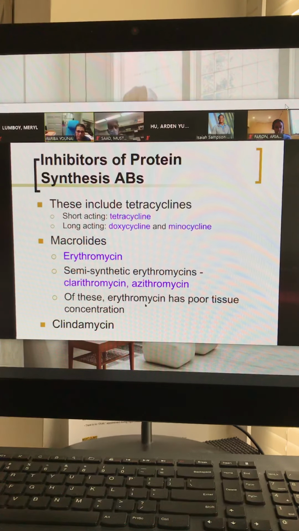So erythromycin is really not a very good medication to use, especially in locations where you need a significant amount of antibiotic to be delivered to the tissue. It doesn't get distributed as well as the other members of this class. That's the one thing you have to remember about erythromycin. But of course, the other ones like azithromycin, clarithromycin, and even clindamycin are all excellent choices in terms of their spectrum of activity.